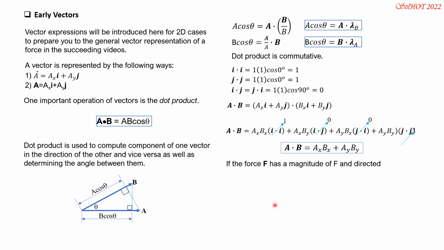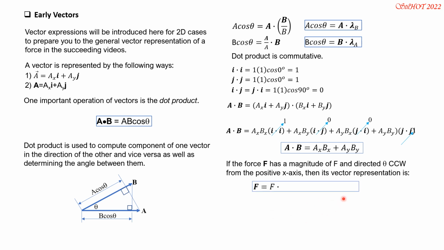So if the force F has a magnitude of F and is directed theta degrees counterclockwise from the positive x-axis, then its vector representation is boldface F equals magnitude of F times lambda of F, or simply F times (cosine theta i plus sine theta j), because the angle that F makes with the positive x-axis is in general theta.